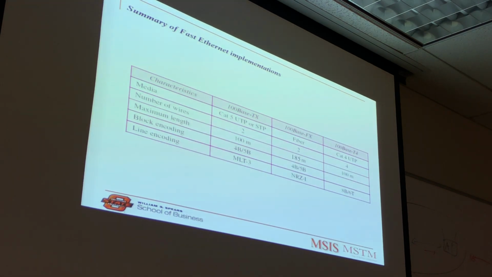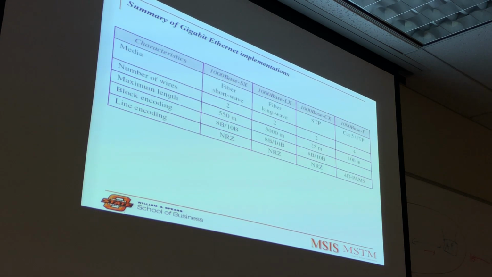So if you see a T, they are usually copper cable, UTP cable. If you see an F, that's usually fiber. These days, when you have Gigabit Ethernet, you have more fiber standards in the physical layer than copper.